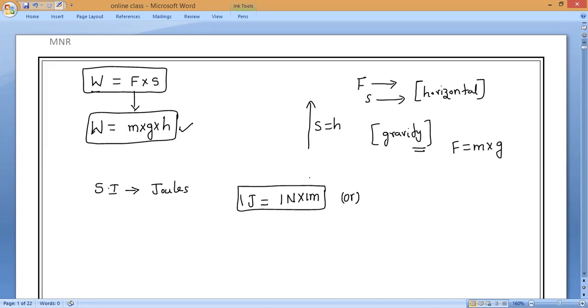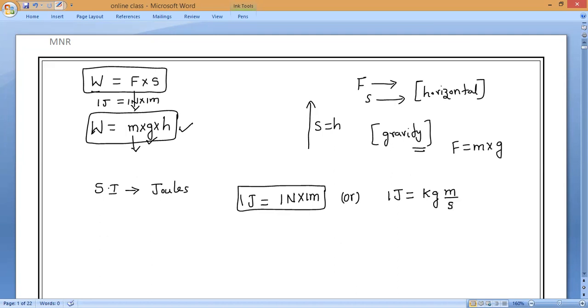I told you another formula. Of course, from this one, 1 joule is equal to 1 Newton into 1 meter. But what about from this? Can anybody tell me one more formula for 1 joule? Mass. What is the unit of mass? Kilogram. What is the unit of acceleration due to gravity?